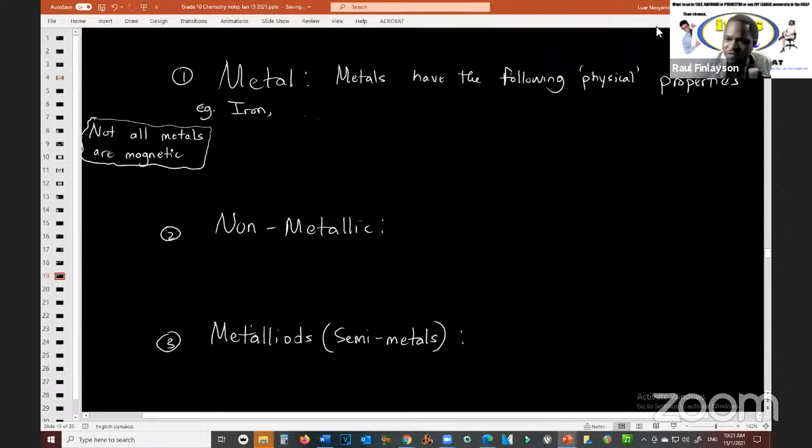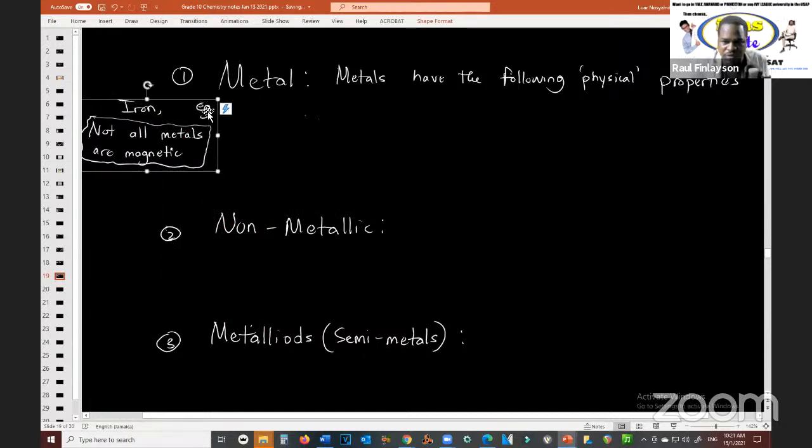So metals have the following physical properties. Number 1, hardness. So metals are hard.